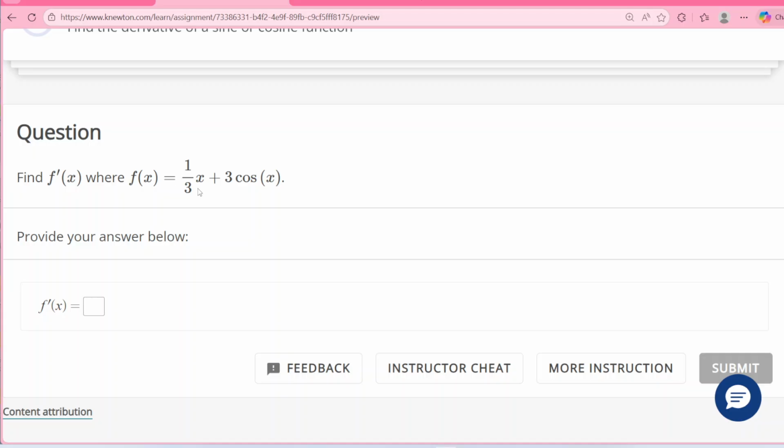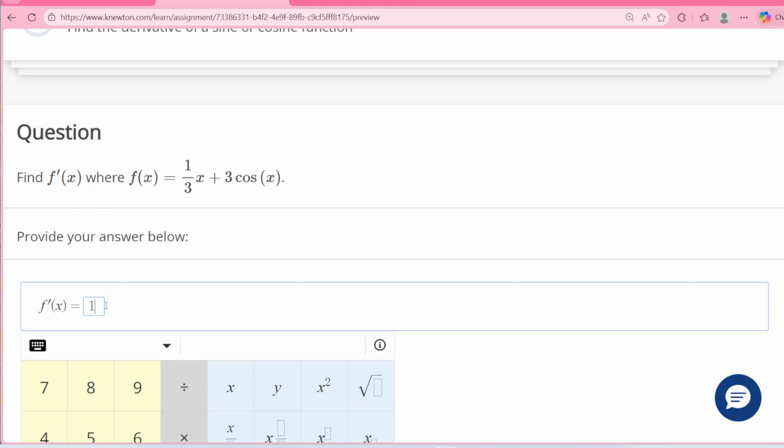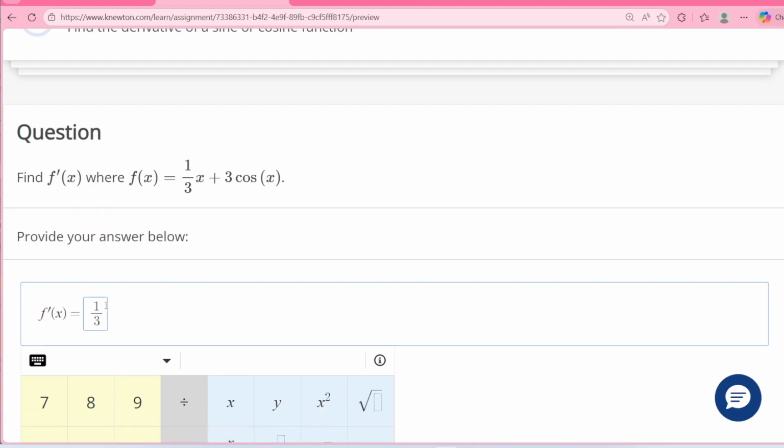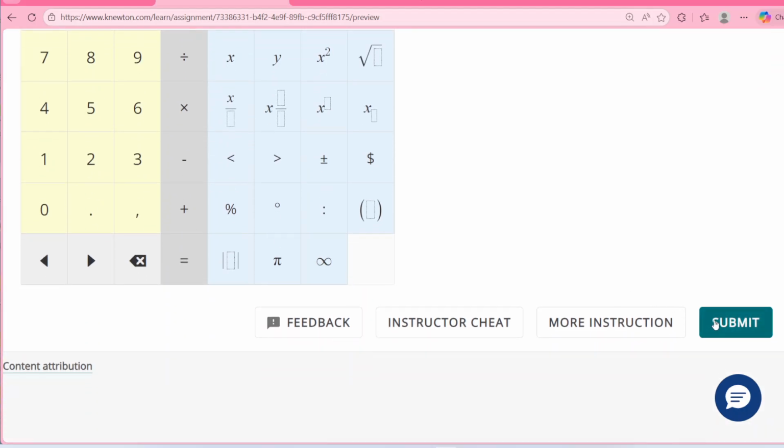The derivative of 1/3 x would be 1/3, 1/3 times 1. Plus the derivative of 3 cosine x, which is 3 times negative sine x. So this ends up being -3 times the sine of x. And that's it, there were only 2 terms. It was a sum, and that's all.